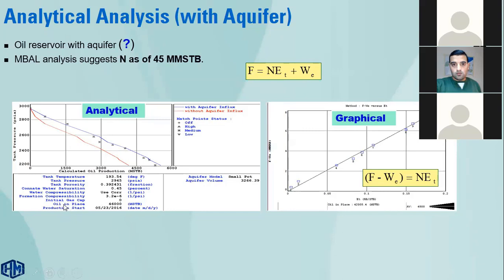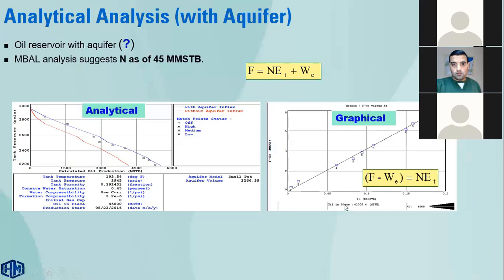In this case, the value of oil in place is 46 million stock tank barrels. Using the graphical approach, plotting F minus W sub E versus E sub T, the value of N or STOIIP will be the slope of this line.